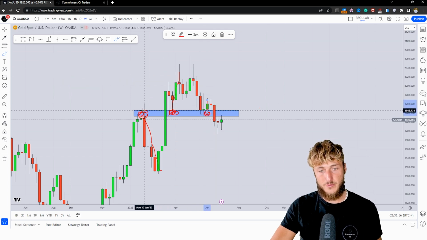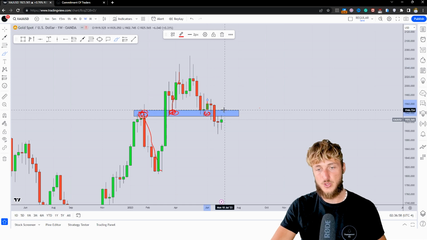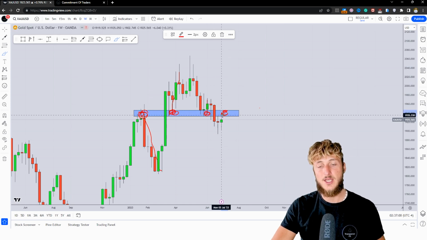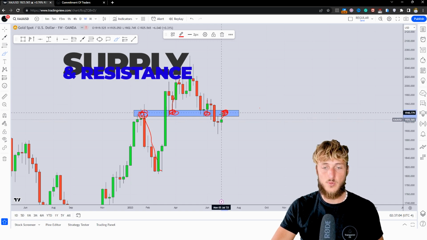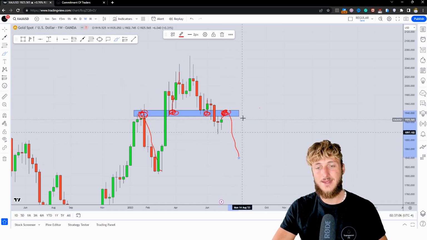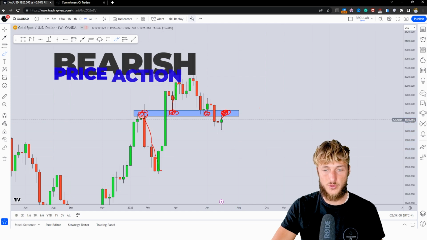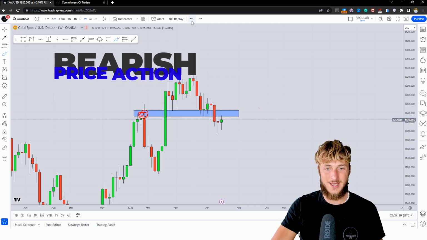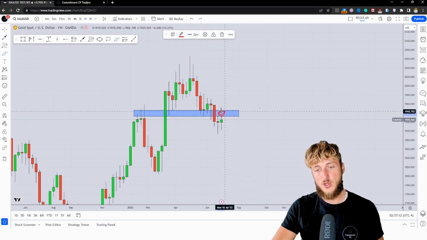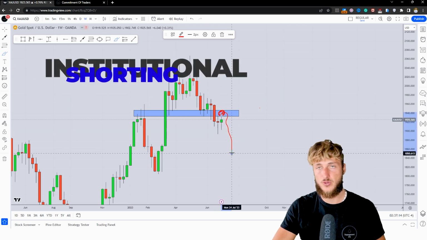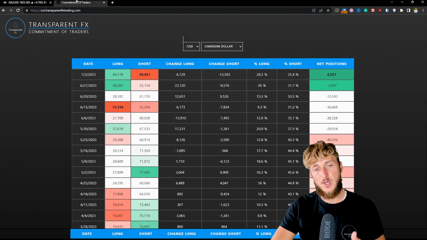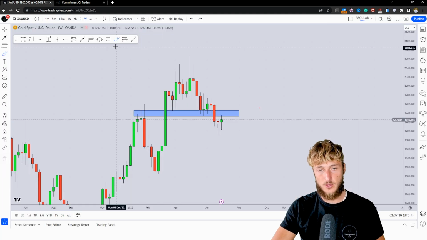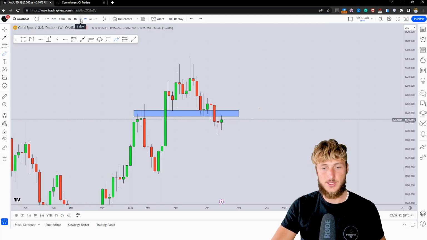All this previous resistance, which was turned support, is now once again turned resistance, and is currently acting as resistance and supply, from which we could expect a test of the zone and then to see more bearish continuation. This is quite an interesting area inside of which we could be looking for some institutional shorting, as we will now look deeper into when we are checking the commitment of traders. So what institutions are doing.